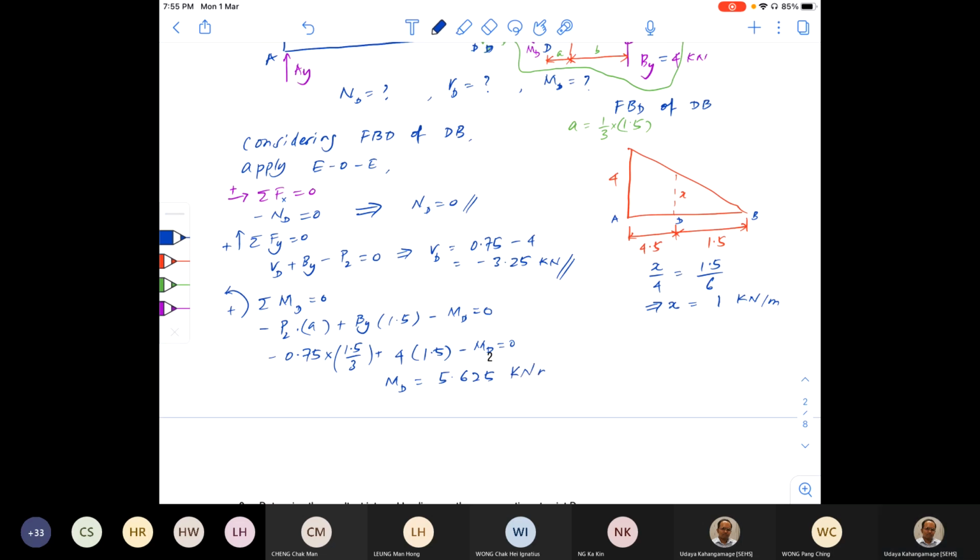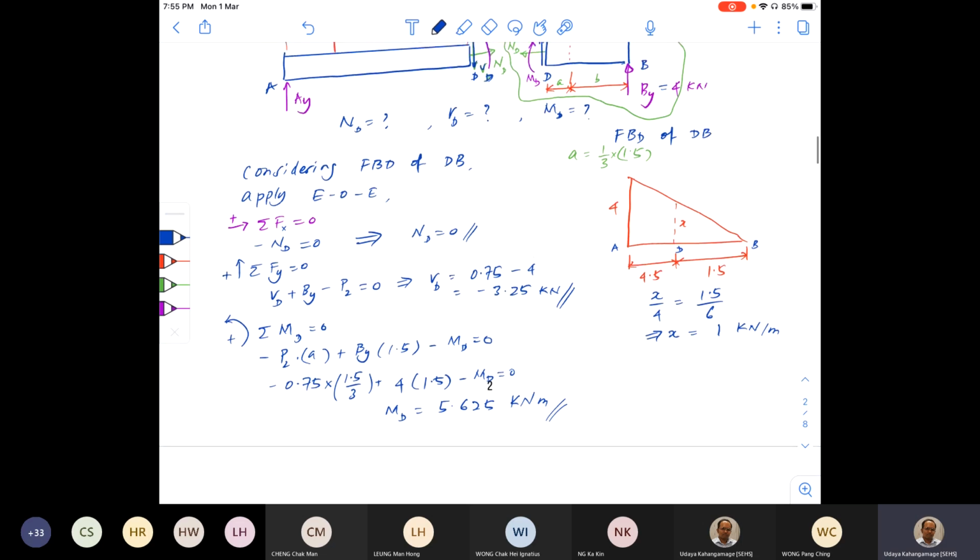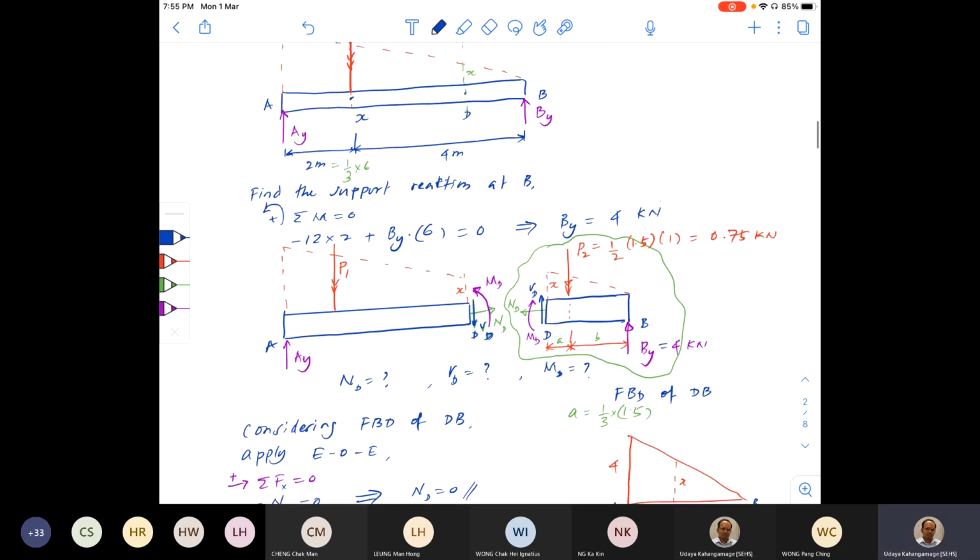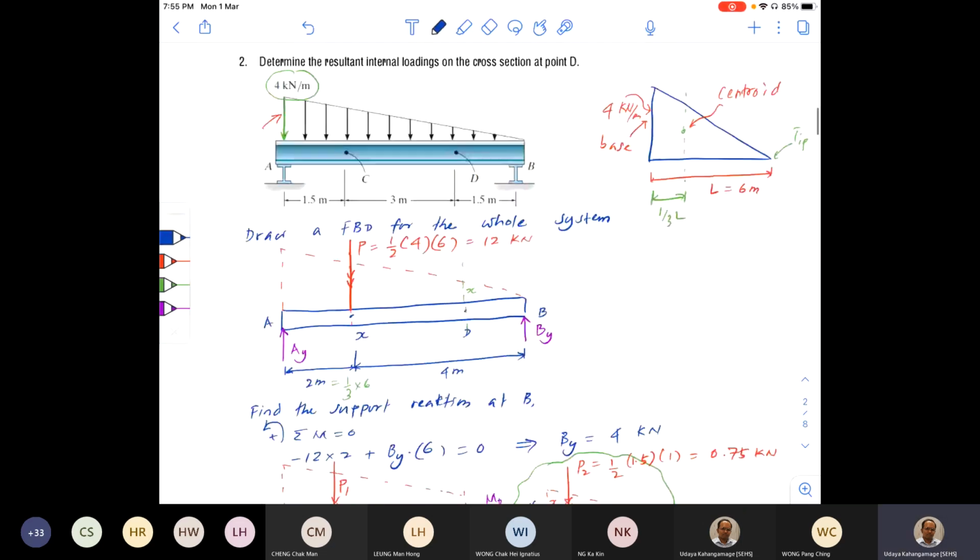Kilonewton meter, because throughout I used the kilonewton. So if you want, you can substitute in newtons as well. So check whether you can get this answer. Okay, it is a bit complicated, but now you learn how to replace a distributed load with a point load. And once you do that, the problem becomes simple.